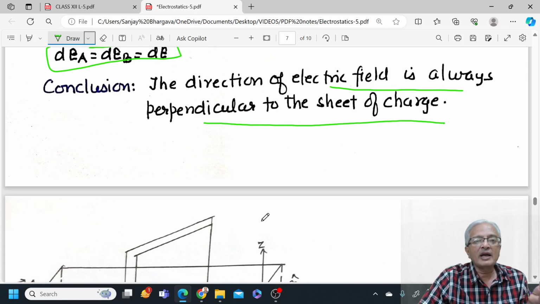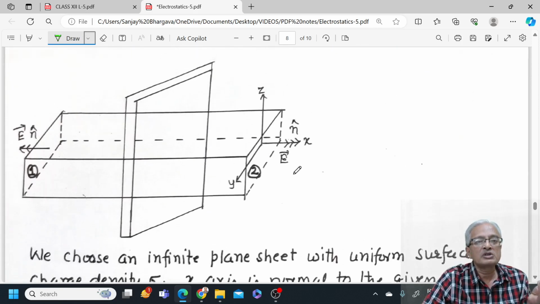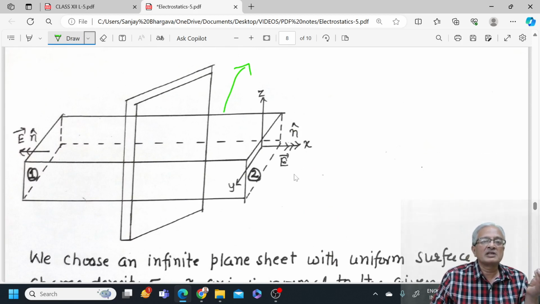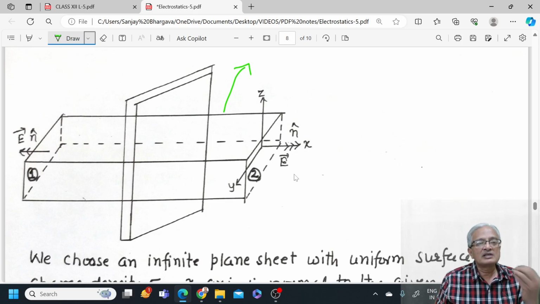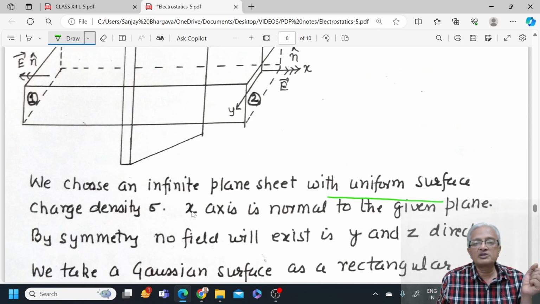To calculate the magnitude of electric field, I imagine a closed Gaussian surface. So we imagine this surface as the closed Gaussian surface. We have written here, we choose an infinite plane sheet with a uniform surface charge density sigma.